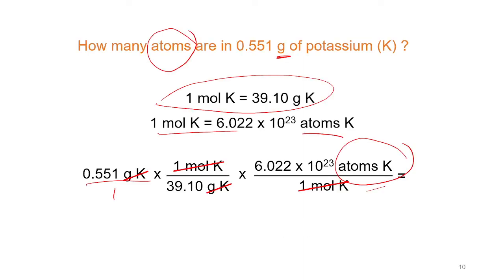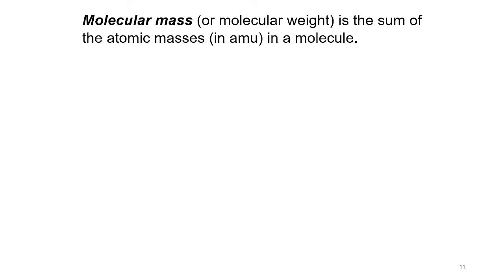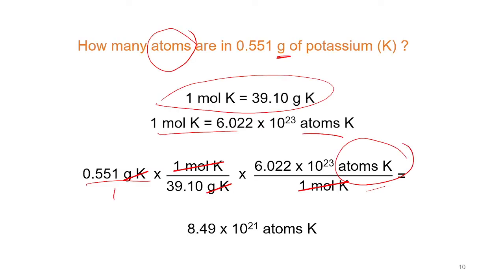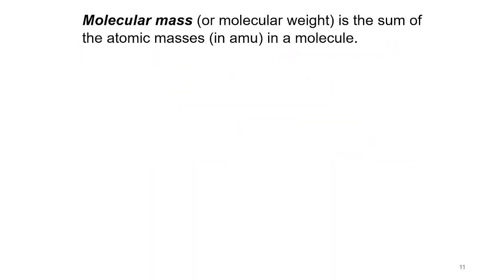As you may see here, we actually talked about atoms. How about molecules? The same goes for molecular mass. The only difference is we will be dealing with molecules or compounds, wherein molecular mass or molecular weight is just the sum of the atomic masses, in atomic mass units, in a molecule.